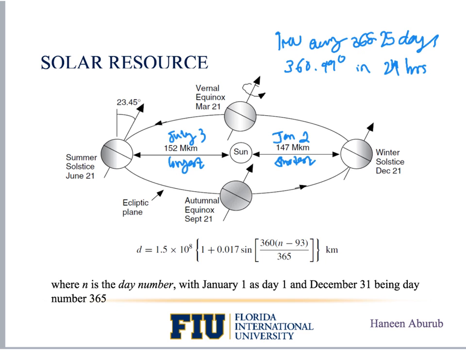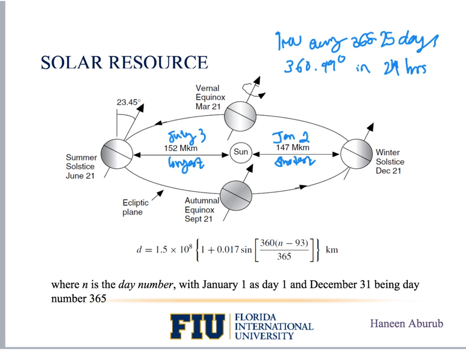Okay, now for solar energy applications, the characteristics of the Earth's orbit are considered to be unchanging, but over long periods of time, measured in thousands of years, orbital variations are extremely important, as they significantly affect the climate.